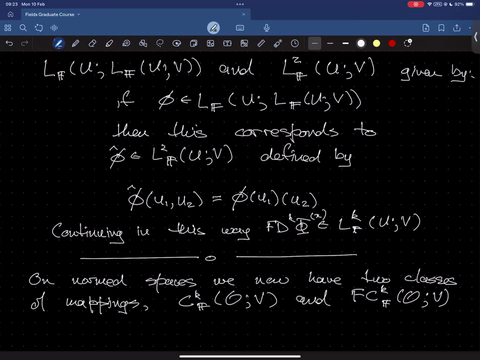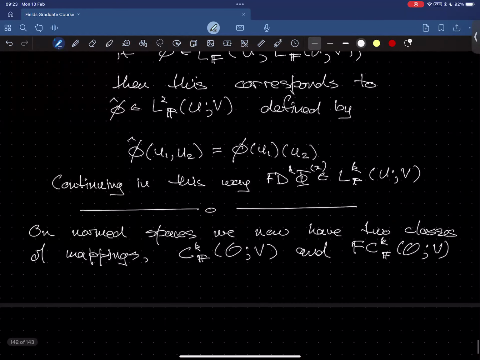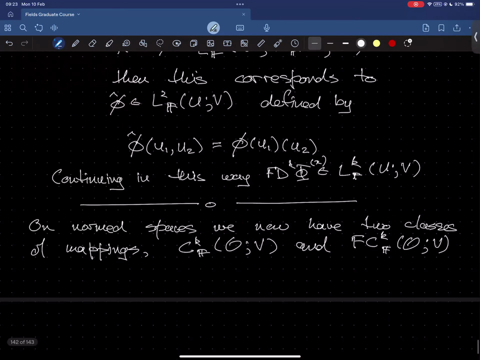Are they the same? That would be nice. And by the way, I said that, you know now the answer is no. Okay, they're not the same, but they're closely related. So I'm going to state the correspondences in general between these two classes of mappings, and we'll only prove a little tiny bit of the stuff that I write down.